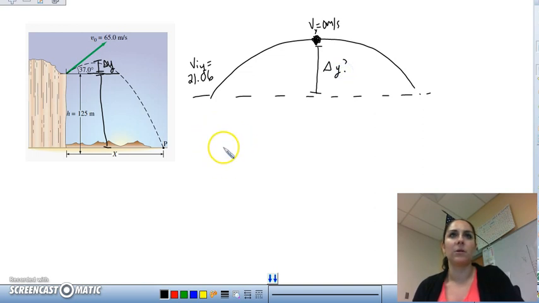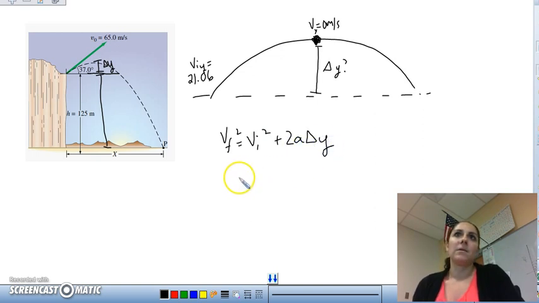The equation I want to use for this will be the following. You can see that I like this equation. It's great because I don't need time for this. That's what makes this one really nice. So I call this my final, my initial, delta y, and we have a, because a is acceleration.